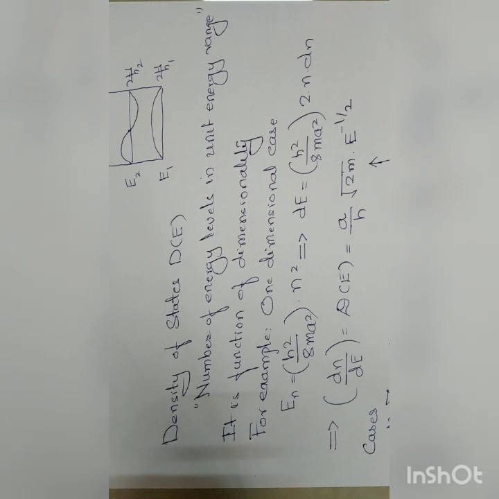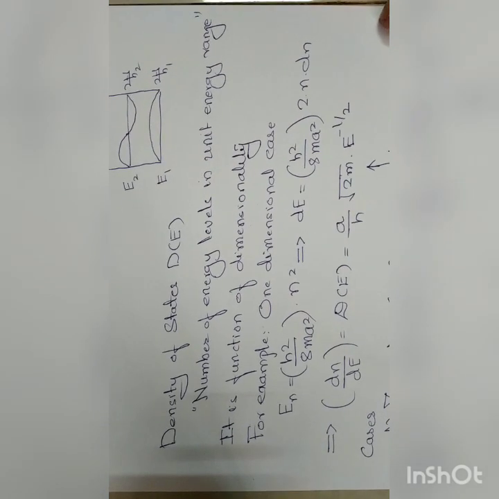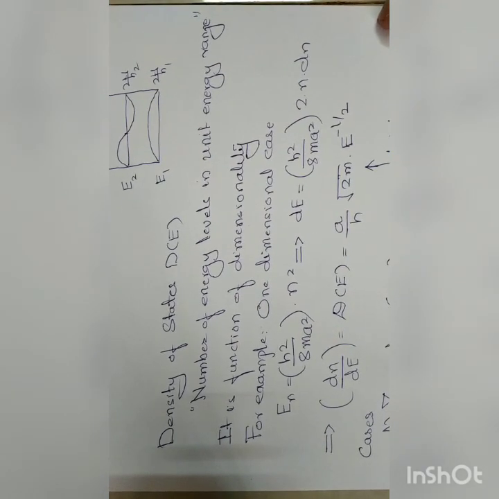And if we reduce one more dimension, either length or breadth, then what you have is only length. We can call such a material a one-dimensional material. If we reduce that also to a very small size, where all three dimensions are very, very small, we can refer to such a material as a zero-dimensional material.